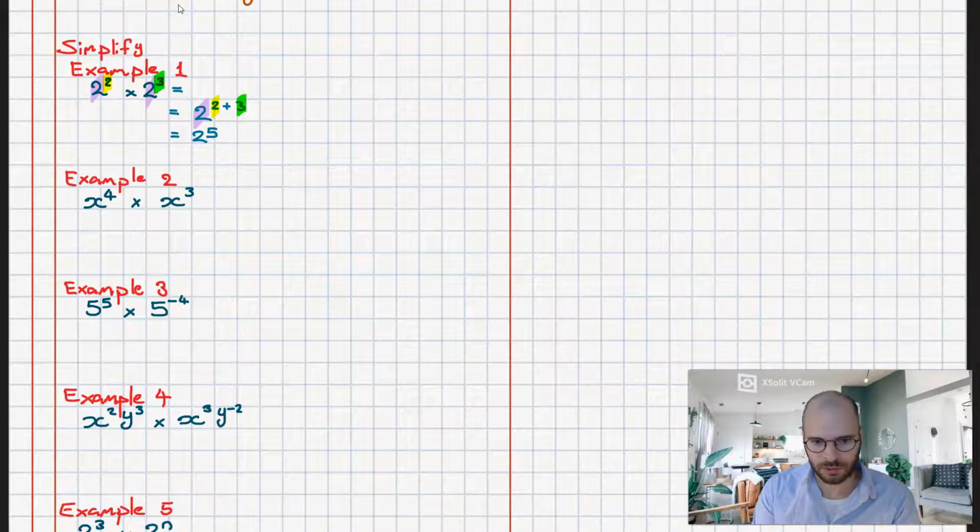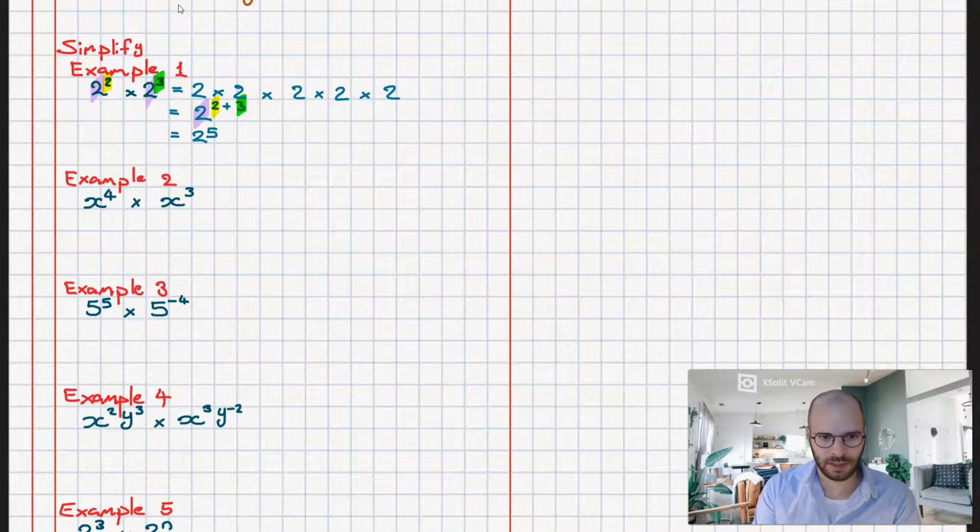Now, in the previous videos, we would have got to this step and put it in our calculator and got our result. But this one says simplify, so I'm just going to leave it as 2 to the power of 5. But now that we can apply this rule, let's have a think, why does it work? The easiest way to do it is let's go 2 times 2, and then we'll go 2 times 2 times 2.